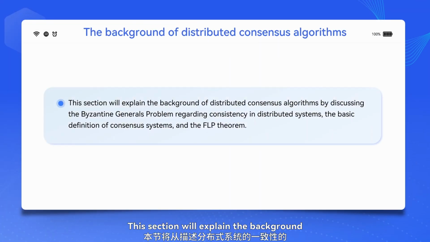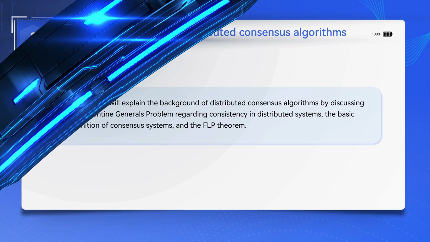This section will explain the background of distributed consensus algorithms by discussing the Byzantine generals' problem regarding consistency in distributed systems, the basic definition of consensus systems, and the FLP theorem.